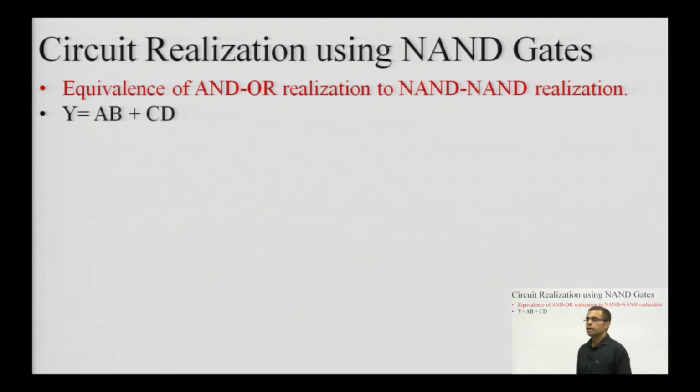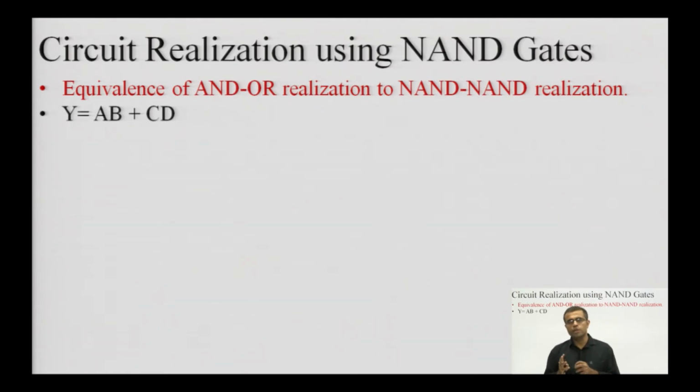Now, coming to the NAND based realization of any expression. I again have to obtain some kind of a rule, so that I can easily obtain the NAND based realizations of circuits, because if I use the universal realization based equivalents of AND or NOT versions, quite a number of gates will be required.